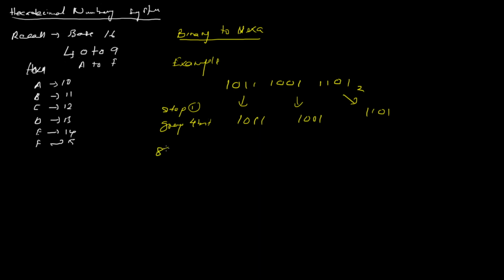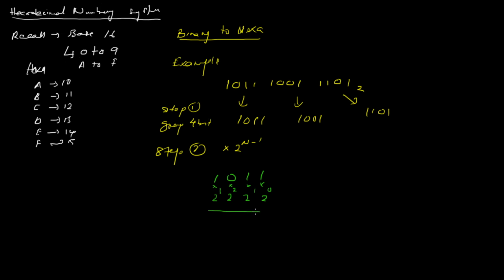Next, step 2: you have to do the conversion by multiplying by 2 to the power of n minus 1. So let's do that. We have 1 0 1 1. 2 to the power of 0, 2 to the power of 1, 2 to the power of 2, 2 to the power of 3. It's similar to what we discussed in the binary to decimal conversion.